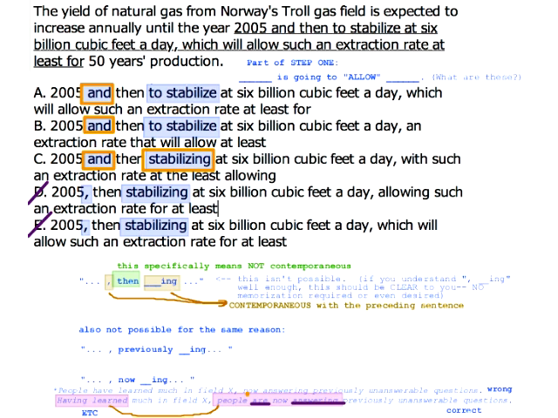Again, step one, what goes with stabilize? What is the first half of that? It's going to increase, and then it's going to stabilize.